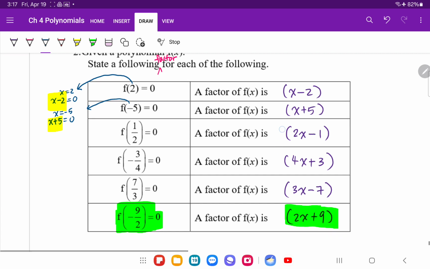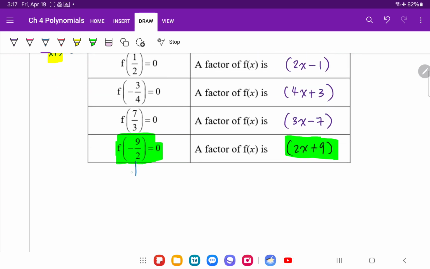The rough working behind this is focus in on the -9 over 2. Tell yourself x equals to -9 over 2. Balance both sides, get rid of the denominator, and I times 2 times 2. This will give me 2x on the left and a -9 on the right. Balance the -9 over, it becomes a +9, and then equal 0.